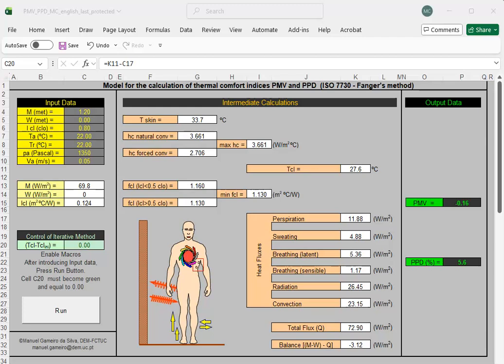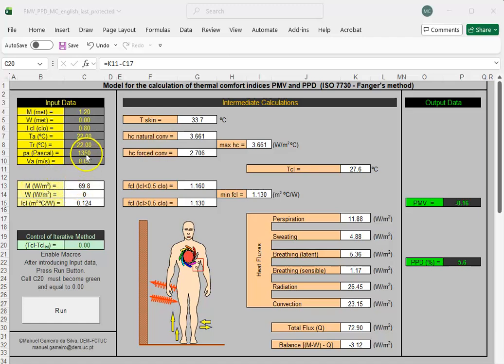So in this tool, we have here on the left side the introduction of the input data: the metabolic rate, the external work, the insulation coefficient of the clothing, the air temperature, the mean radiant temperature, the partial vapor pressure in Pascal, and the relative air velocity between the human body and the air.